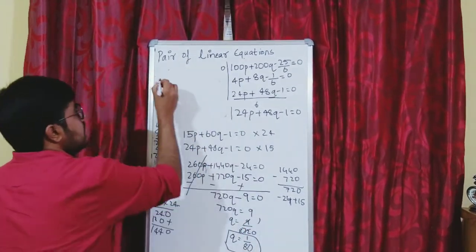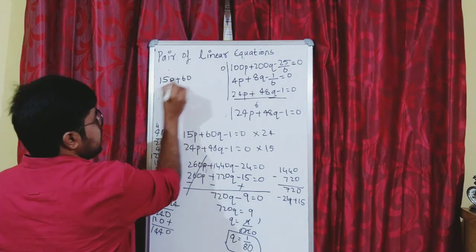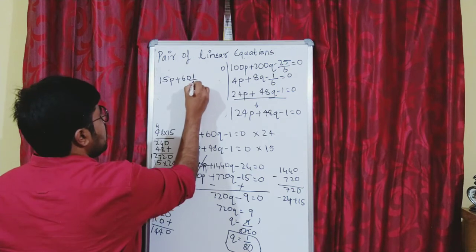For the value of P, I take the first equation: 15p plus 60 into 1 by 80 minus 1 equal to 0.